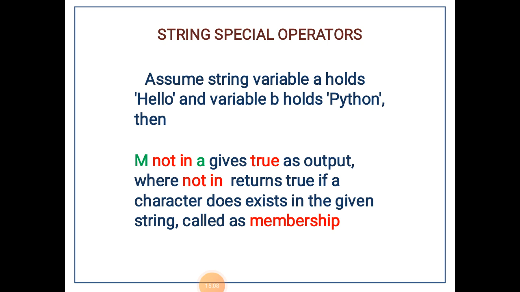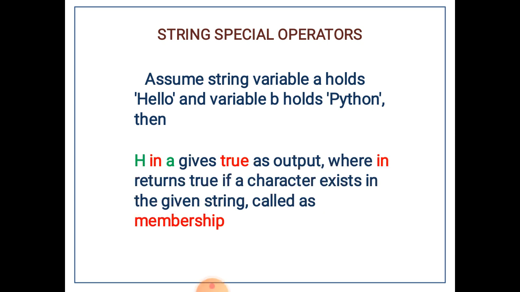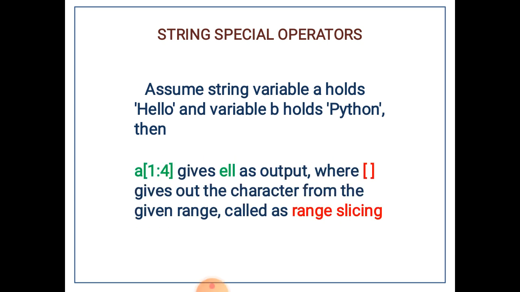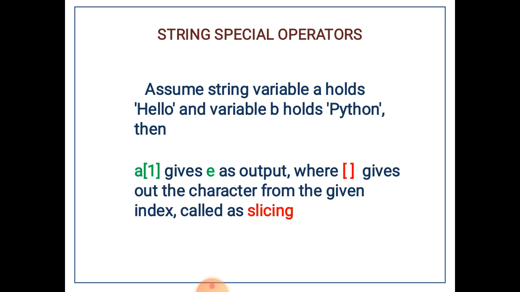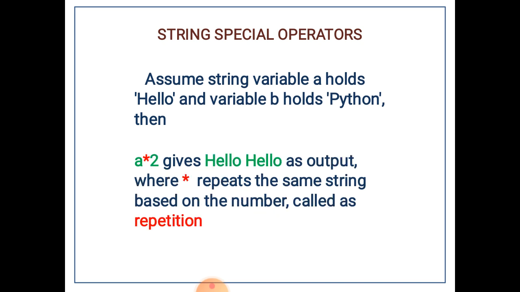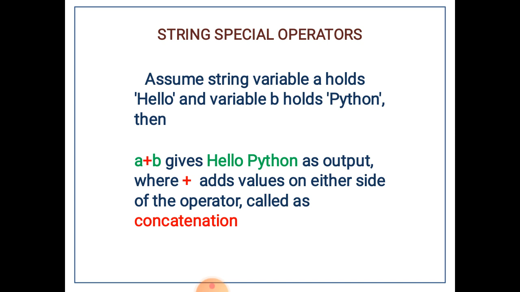So dear students, just have a look at the special operators. This is the first special operator, plus, which combines two strings on either side of the operator, and this is called the concatenation operator.